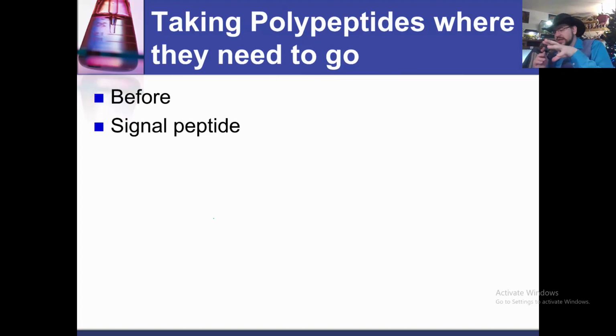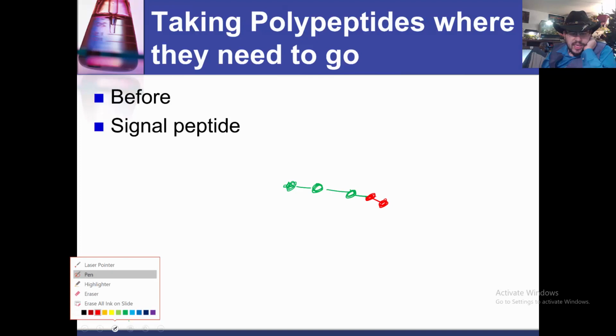And the reason it's able to be taken to specific sites in the cell is because there is a signal peptide. So what we're saying is that you'll have your amino acid chain and some sequence of amino acids in there results in a signal.